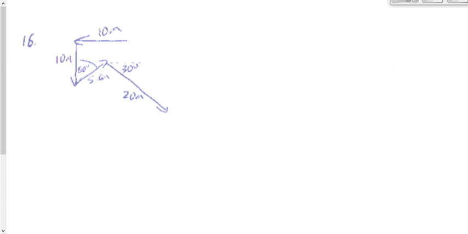Next one. Got a similar thing in the next one, except question number 16 has 2 funny angles. We got to take them both off to the side. Here's the 60-degree one. Let's call this x, this y. We're going to say that sine 60 degrees is equal to x over the hypotenuse, which was 5.